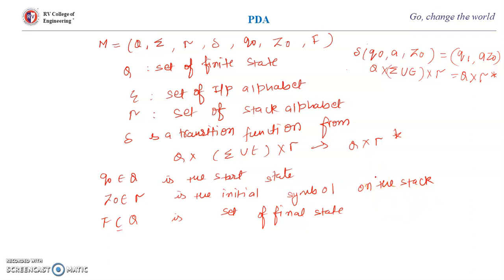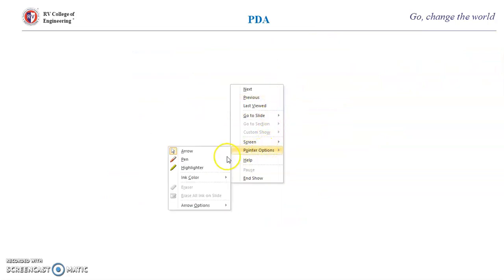Now here, in the transition function, you can see these are the three parameters. What action will be performed by the PDA depends on these three things. If I have a transition function with the state, input alphabet, and the stack top, and the result is the state and AZ0, that means A is pushed onto the stack.